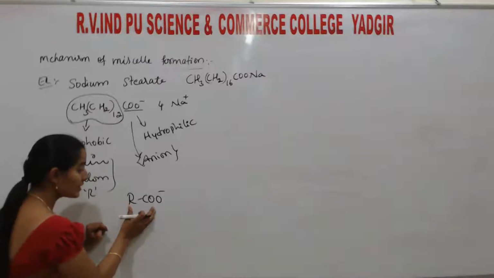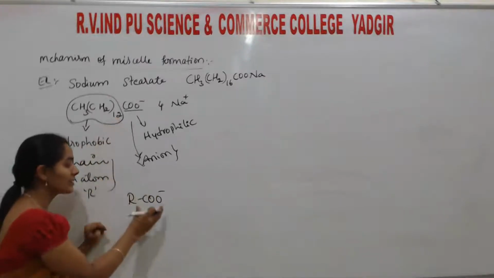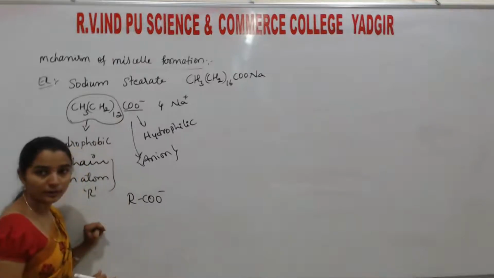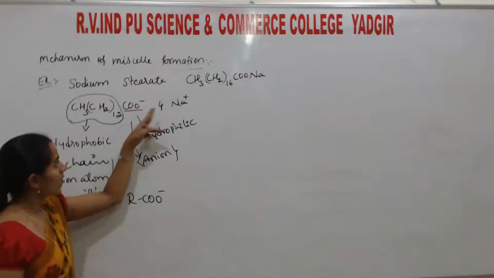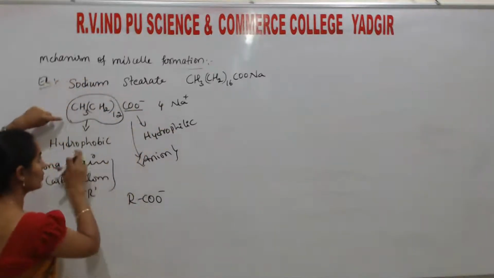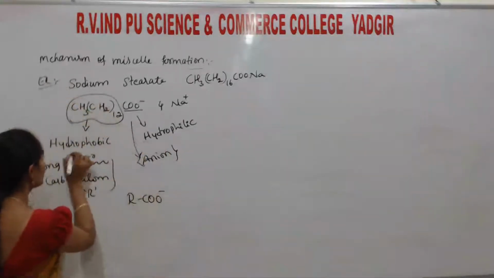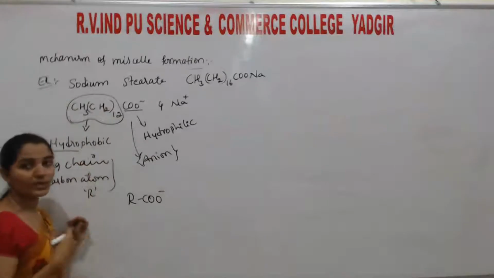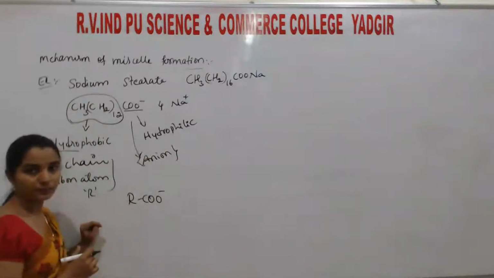So students, this type of ion will form when the soap comes in contact with water. The soap forms two types of ions, one cation and another anion. This anion consists of two parts, one hydrophobic and another hydrophilic. Hydro means water, phobic means hating: the water hating part and the water loving part.